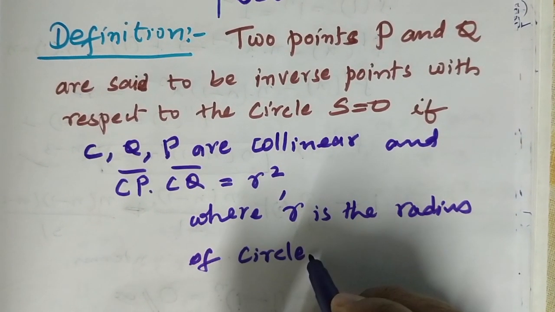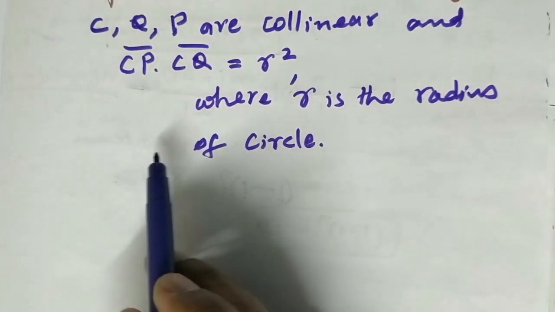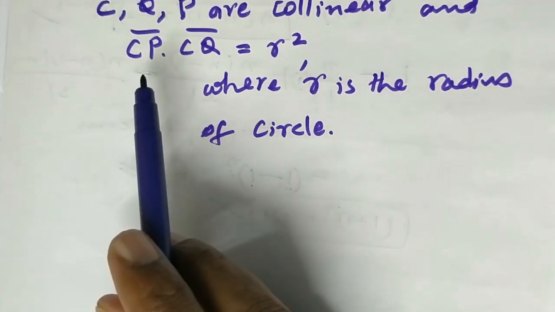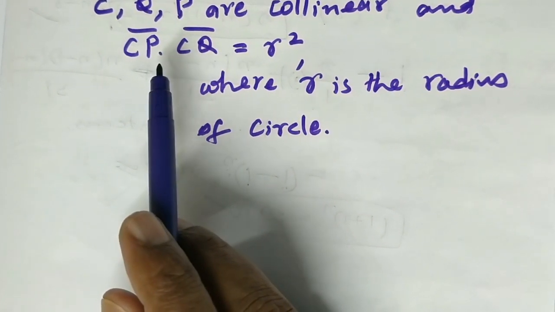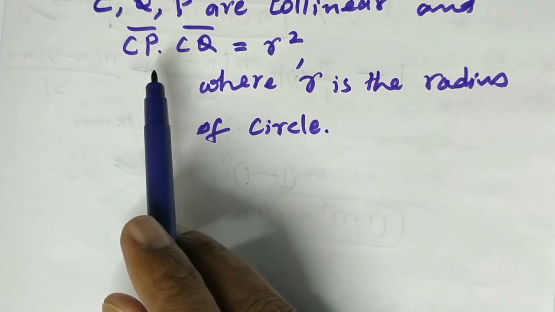Okay, you observe that Q is the foot of the perpendicular on the polar line from the center C.